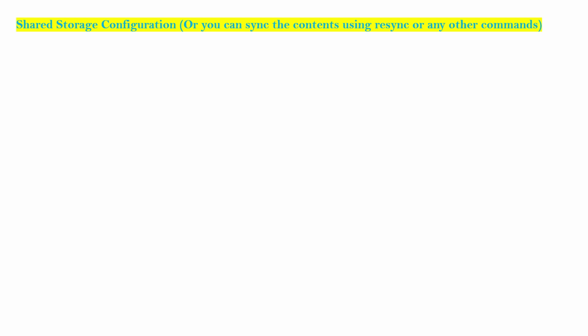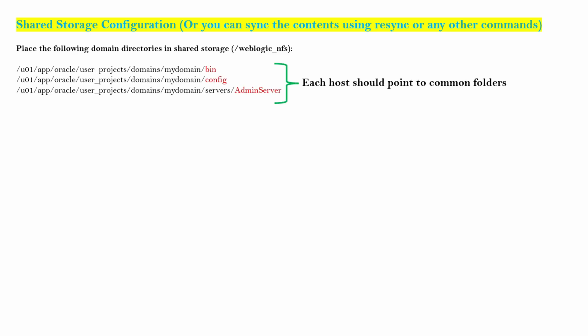Now you have to go for the shared storage configuration. So far what we have done is we have configured the virtual IP on both hosts, and then we have configured the admin server node manager, right? Now we have to have some of the configuration files or directories on a shared location, so that they are accessible from all the hosts.